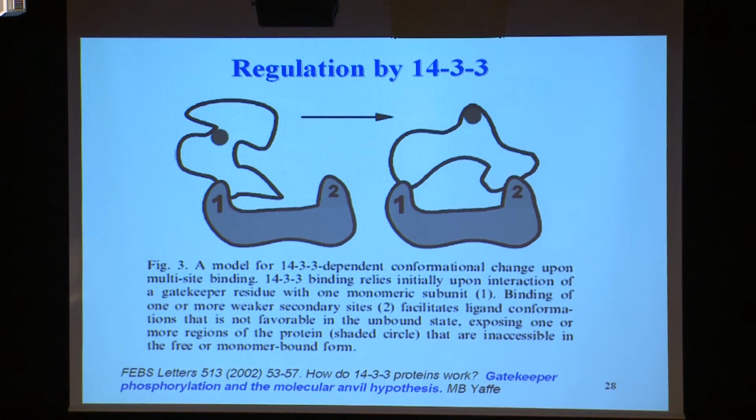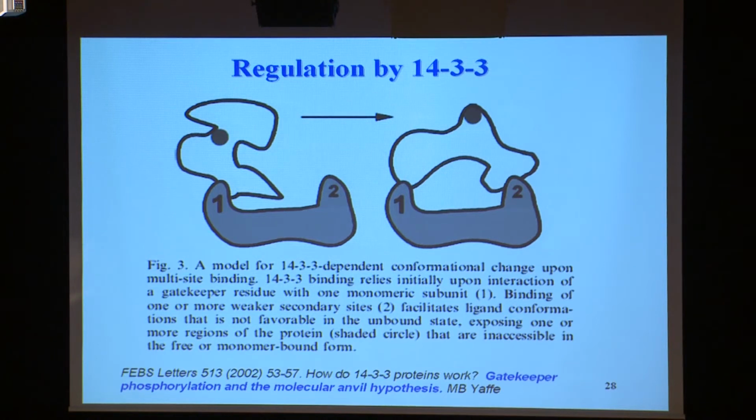And something that turns out to be very important is that the binding of the second site can create conformational change, structural changes in the protein, which makes sites accessible that would not be accessible if the protein were free.